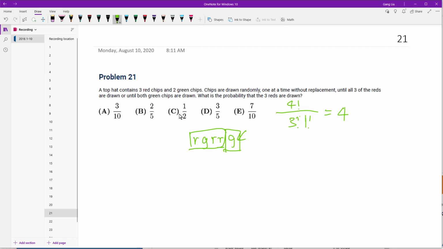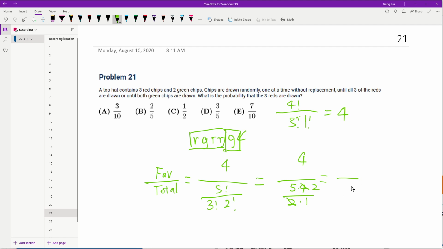And then the total ways, versus the favored ways, the total is equal to 5 factorial divided by 3 factorial and 2 factorial, as a duplicated permutation. So it's equal to 5 multiplied by 4 divided by 2 multiplied by 1, which is 10, so the probability is 2/5.